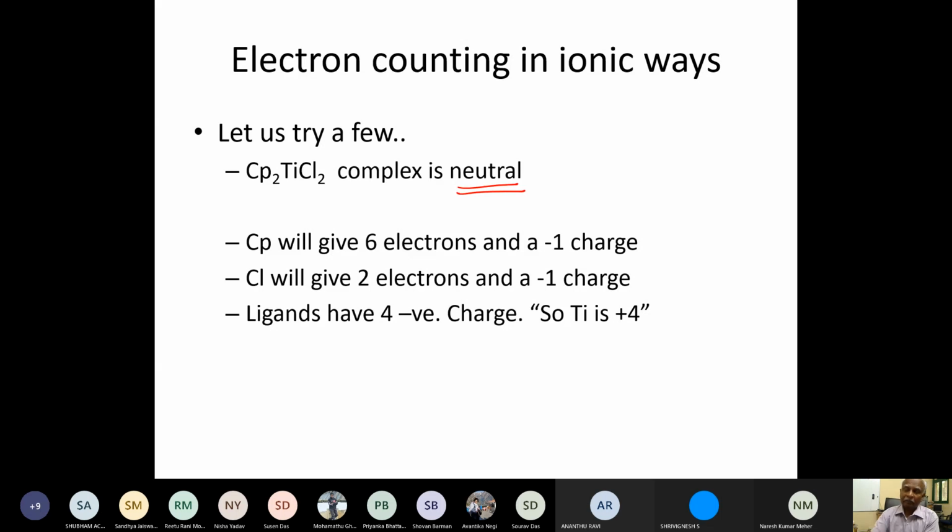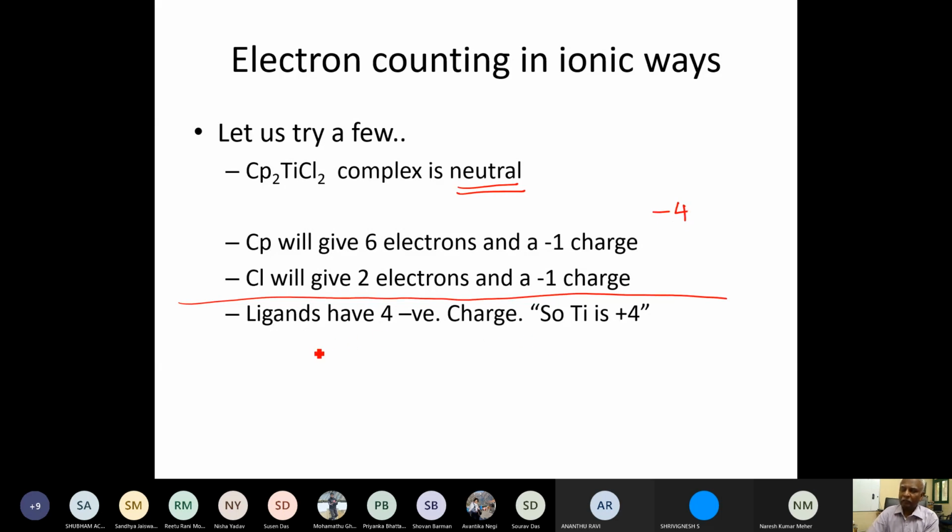Cp2TiCl2. Cp will give 6 electrons and it has a negative charge. Cl will give 2 electrons. 2 chlorines are there, so 2 negative charges are there. Totally, we have a negative charge from the ligands, which is equal to -4.